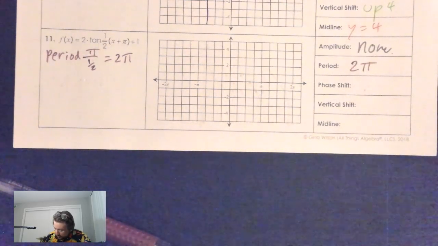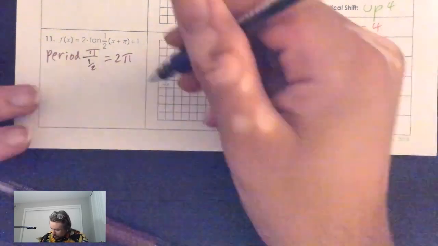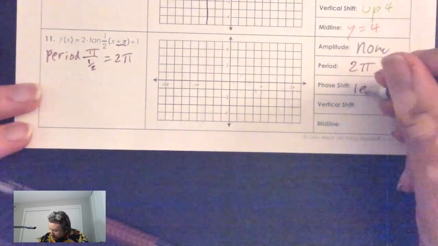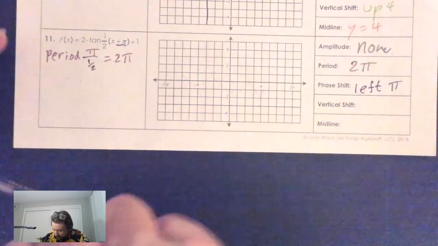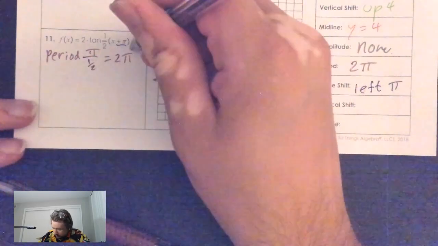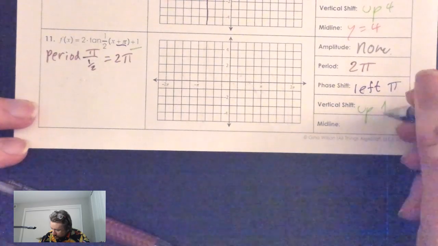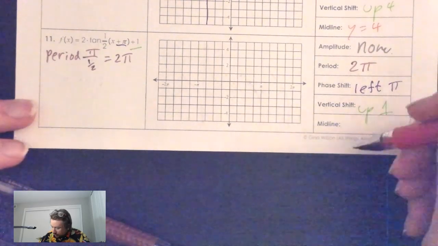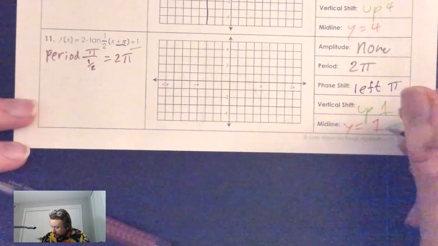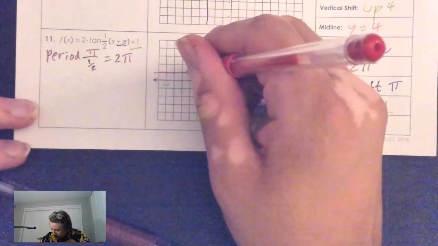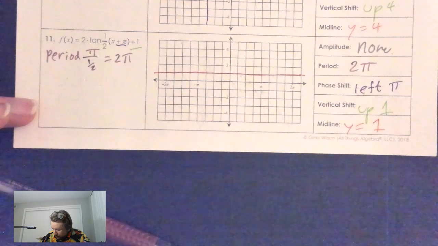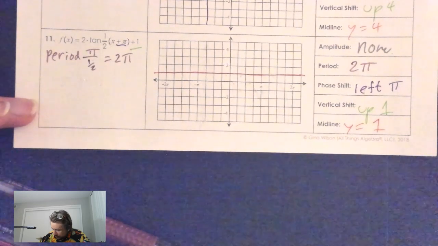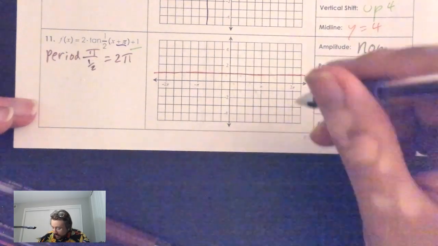We go to the left by pi, and then up 1, which means our midline is at y equals 1. So our new axes are basically here at 1, and so left pi means negative pi.